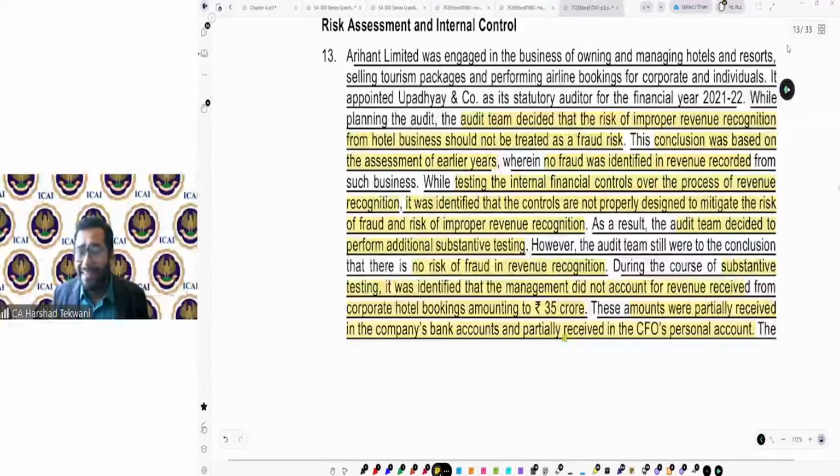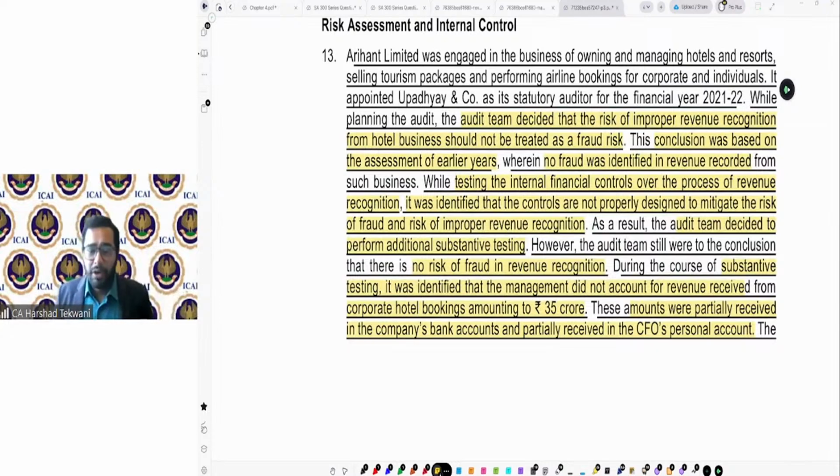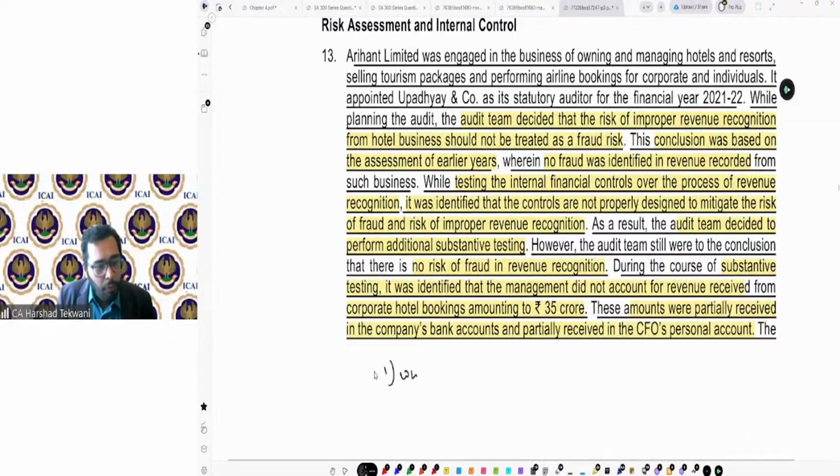We have practically seen this. We have practically discussed this. I want you to comment on this particular scenario. What was not appropriately done by the audit team, and what should the audit team do? So I'm asking two questions. One, what was wrong here by the audit team?